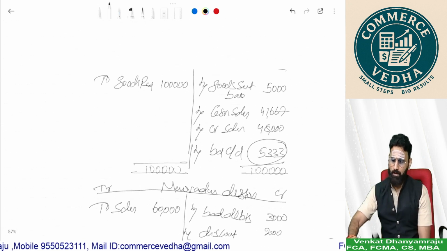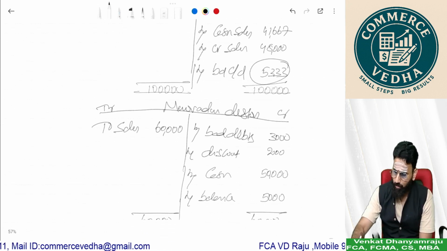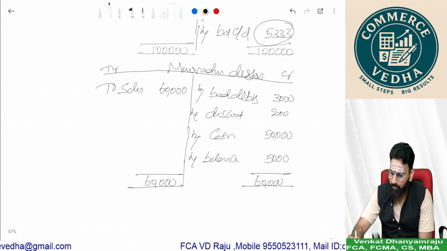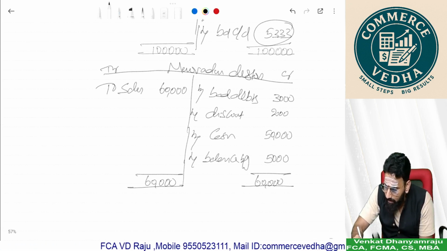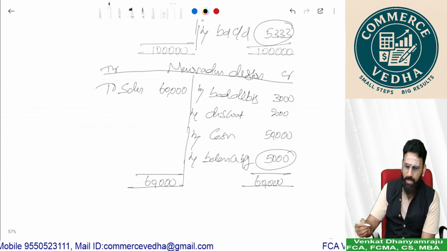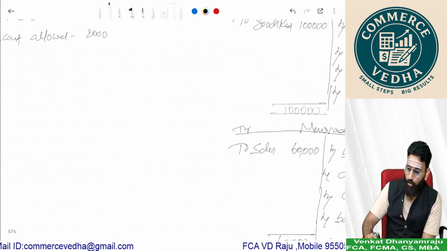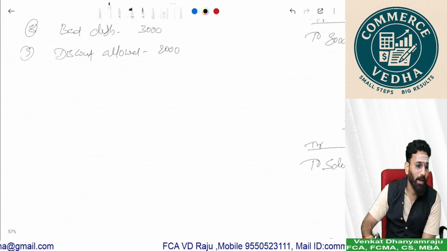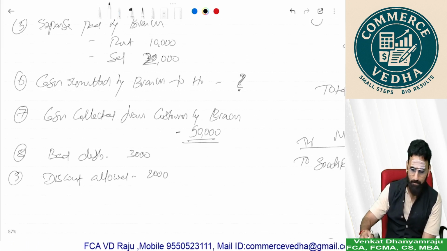So you prepared memorandum stock, you prepared memorandum debtors to identify closing balance of stock and closing balance of debtors. Now you also need to know what is cash sent back. That is question mark. Now we'll see.